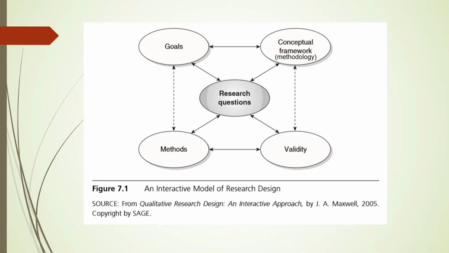You don't just go from goals to research questions. You might start with overall goals, and then you start designing your research questions, and then you look at how feasible things are. So all of these elements are important, but there's a push and pull throughout where you'll adjust to figure out the best way to do it.